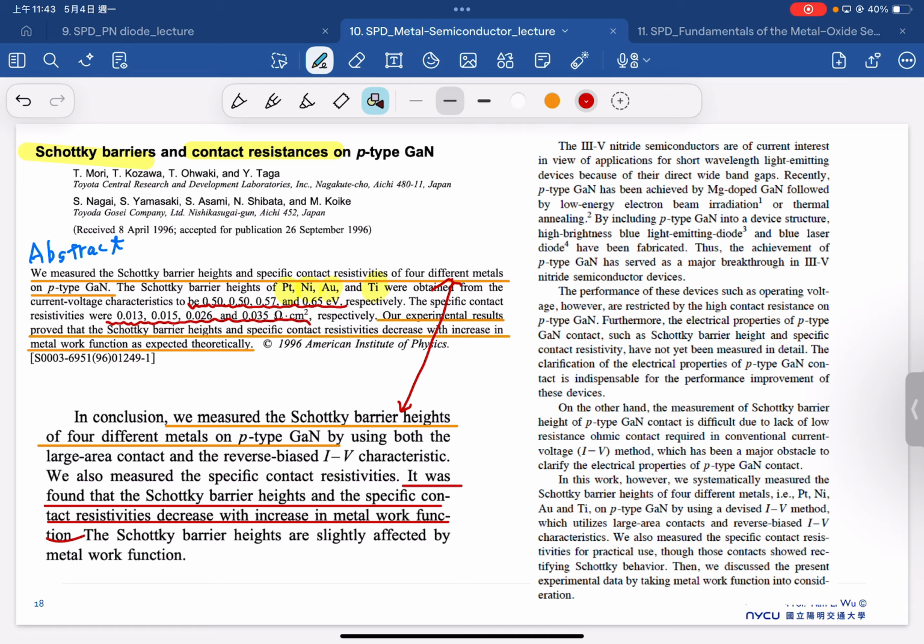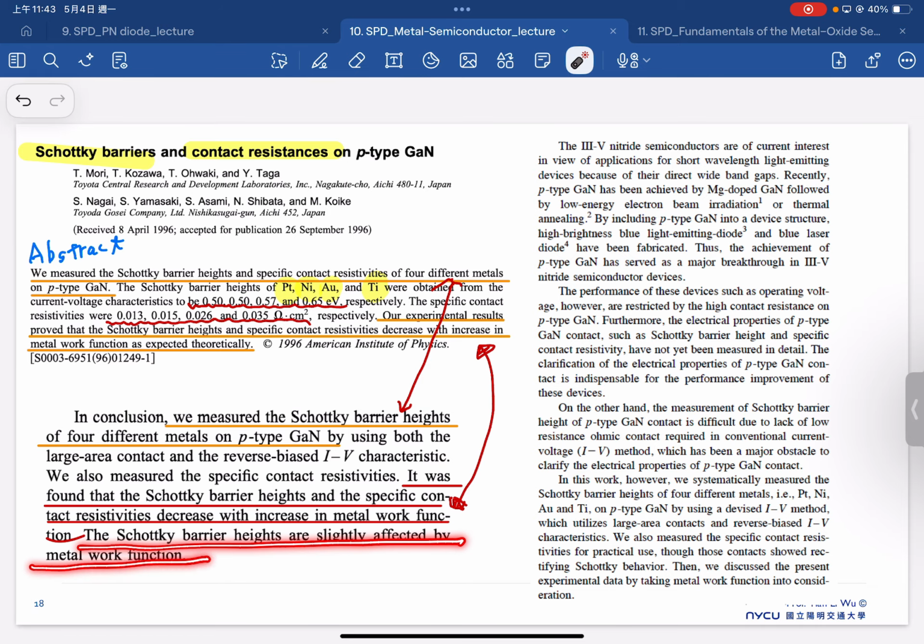Again, this is the same sentence as from the abstract, as I mentioned here. And the last sentence is that Schottky barrier heights are slightly affected by metal work function. That's also another conclusion.